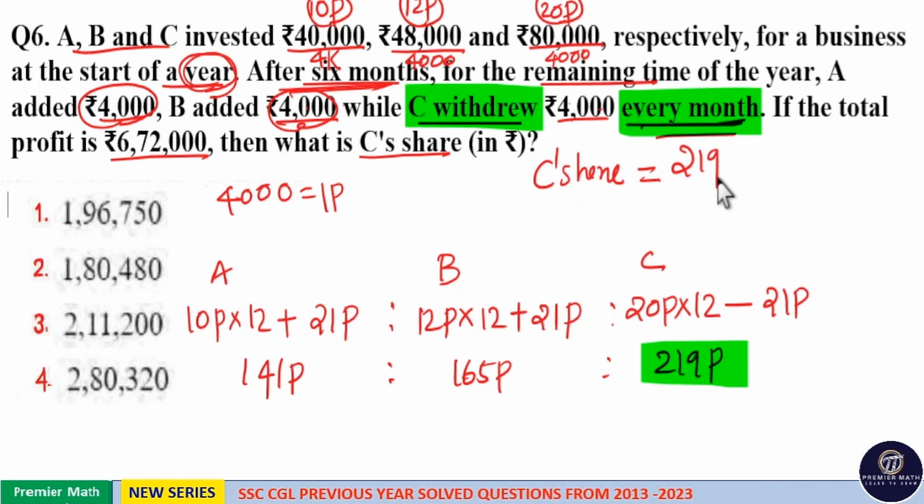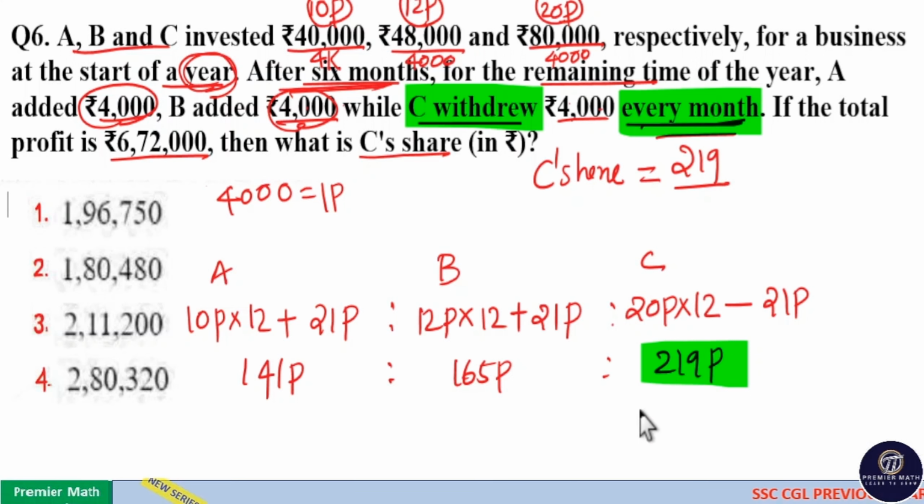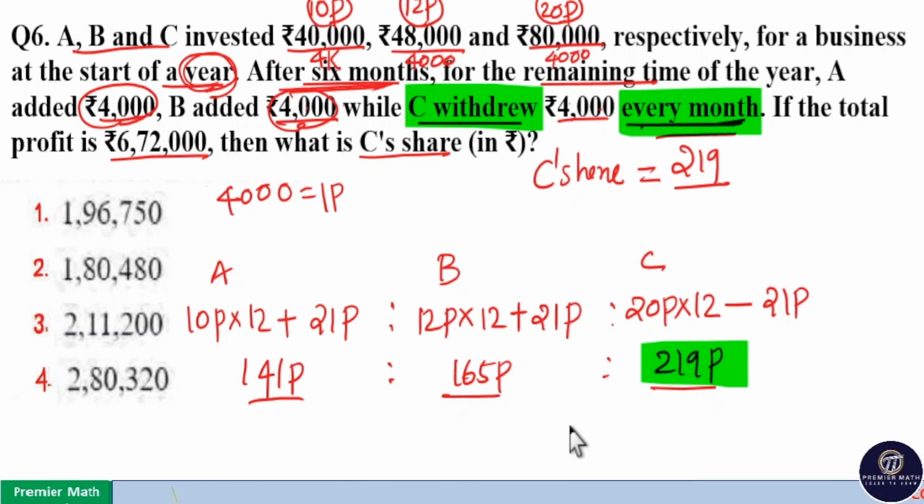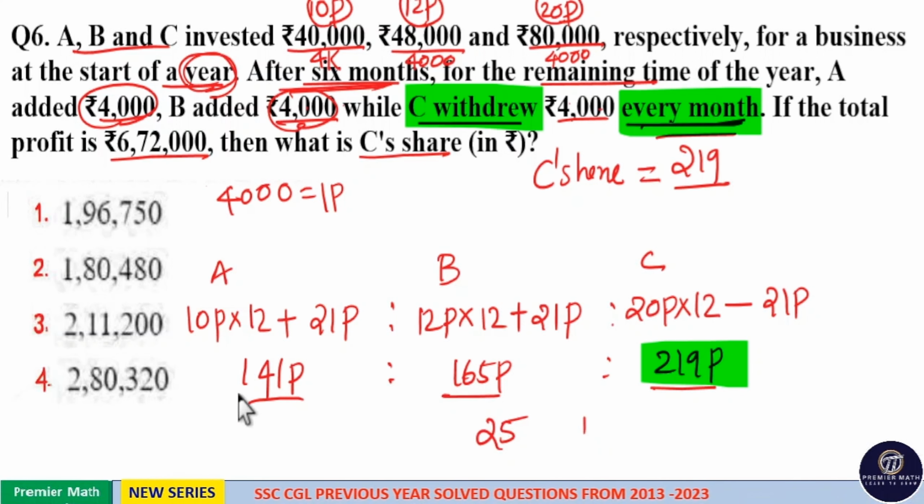So 219 part out of total part, which is 141 plus 165 plus 219. 9 plus 1 is 10, 10 plus 5 is 15. 1 plus 6 is 7, 7 plus 4 is 11. 11 plus 1 is equal to 12, remaining 1. 2 plus 2 is equal to 4, 4 plus 1 is equal to 5.